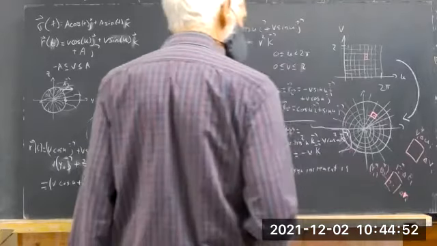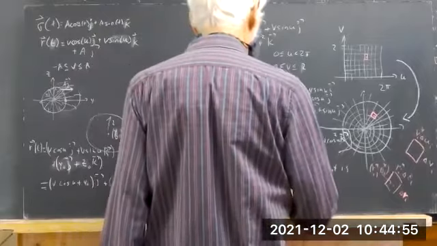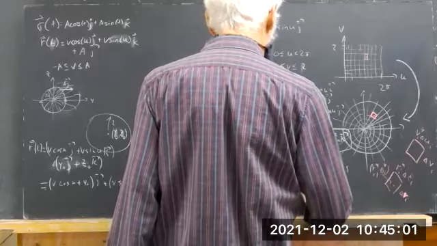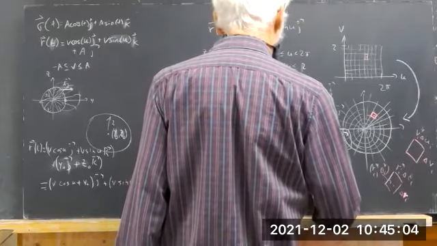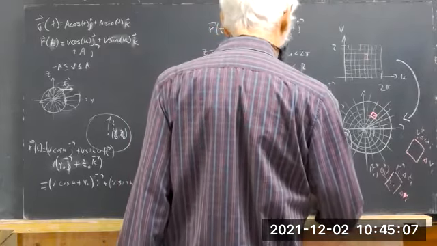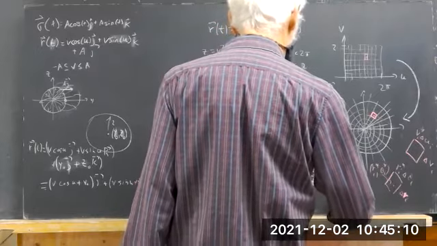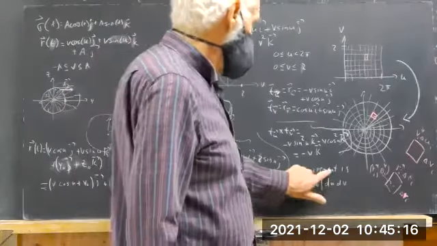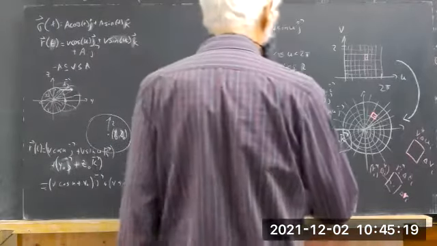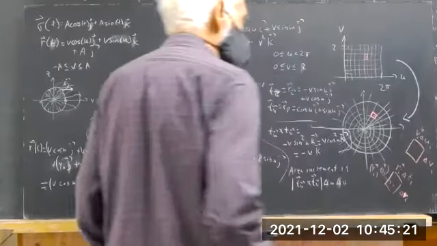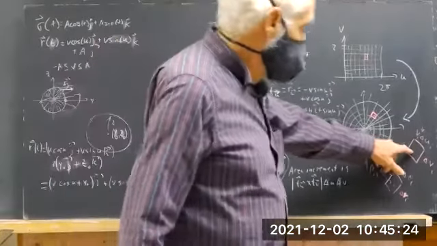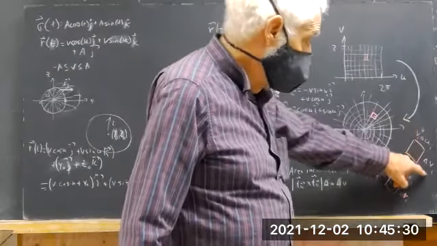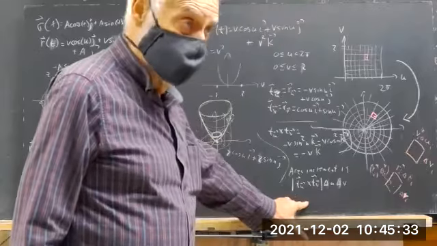What's the area? It's the magnitude of TU cross TV dU dV, or delta U delta V. Okay. What's the area of this? It's your V, your sample point, times delta U times delta V. Okay?